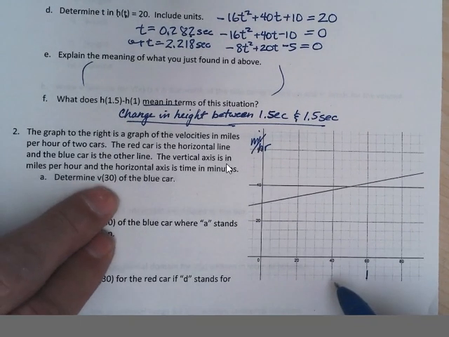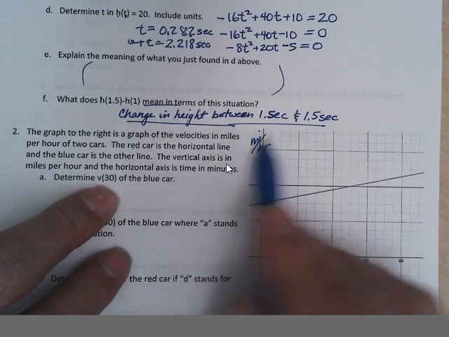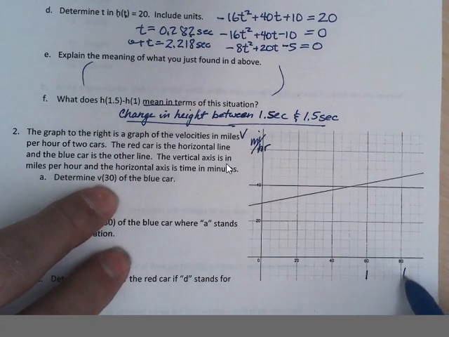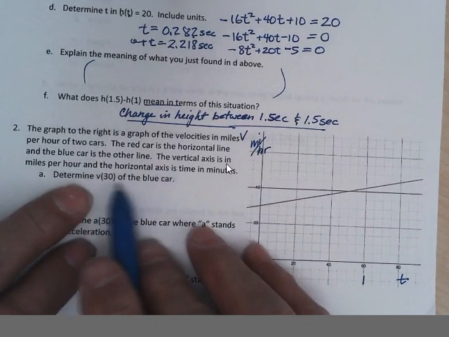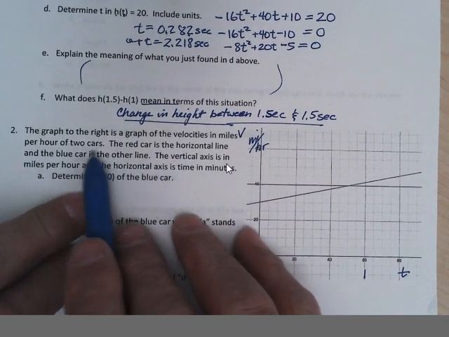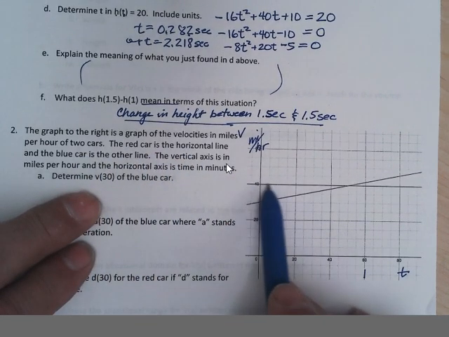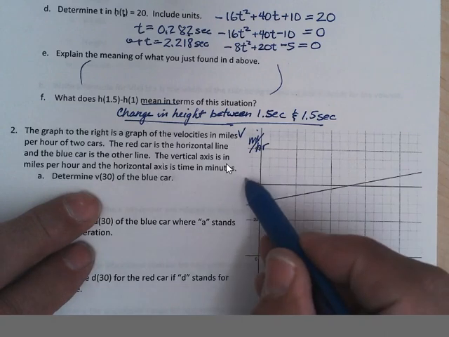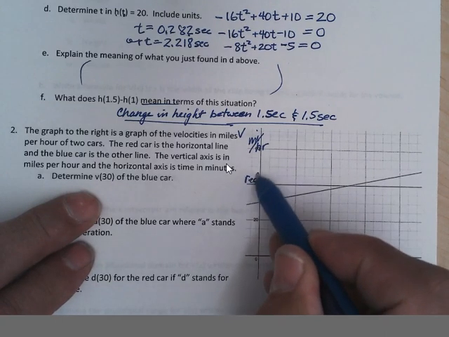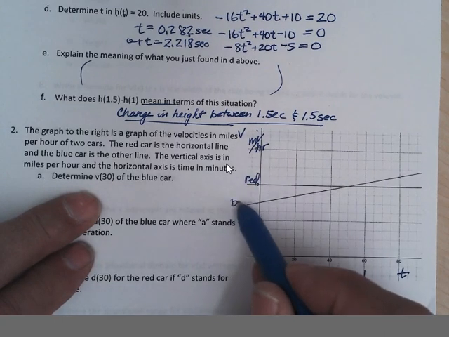Determine V of 30. And this is V, and this is time of the blue car. The red car is the horizontal line. This is the red car's line. And this is the blue.